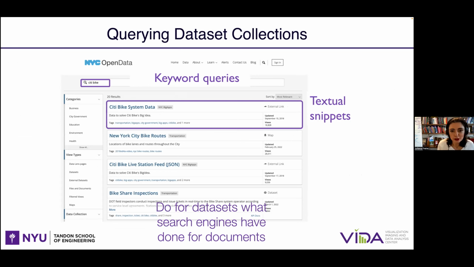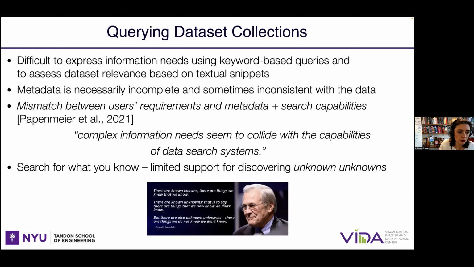However, even though this works well for web documents, I argue that this is not ideal when you're actually dealing with data sets. First and foremost, it's very difficult to express information needs or specify what you need in a data set using just keywords. And it's also very hard to assess whether a data set is relevant based just on these textual snippets.